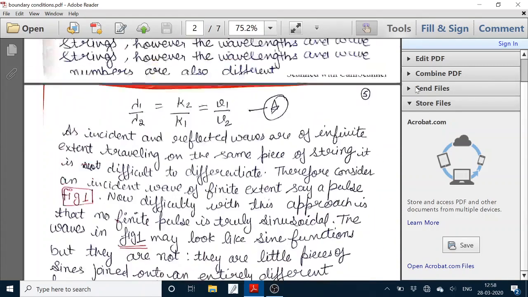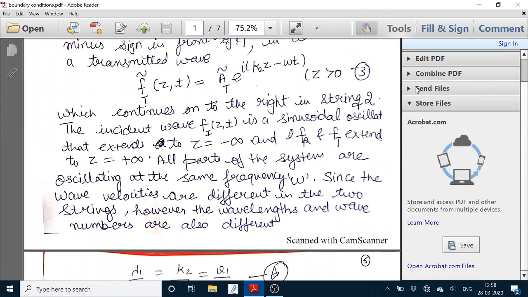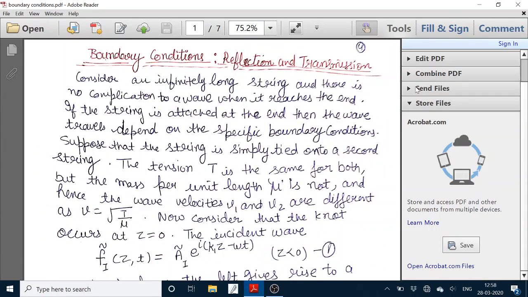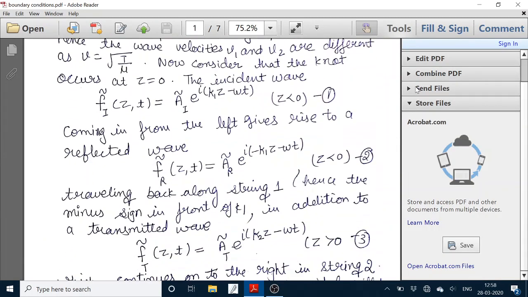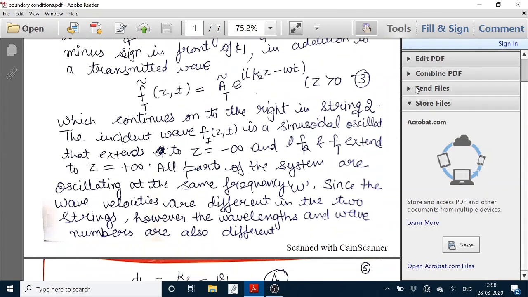Here the incident wave is a sinusoidal oscillation that extends to z equals minus infinity, and the reflected and transmitted waves extend to z equals plus infinity.